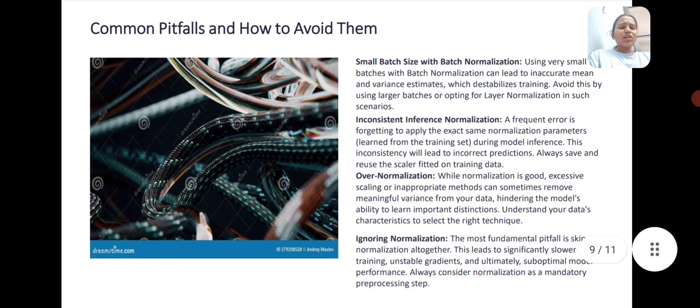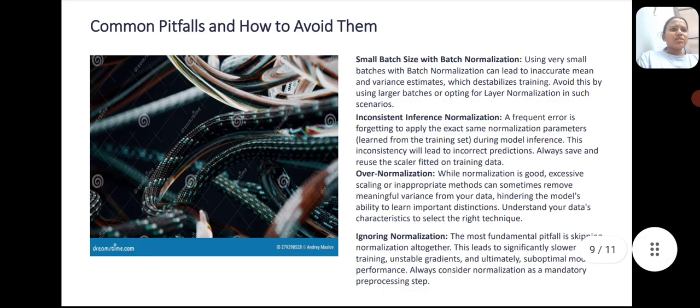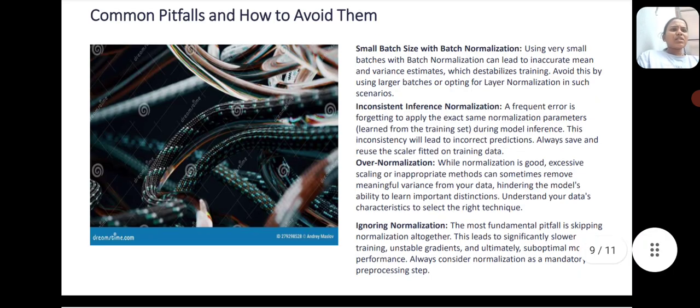Next, common pitfalls and how to avoid them. Small batch size with batch normalization. Using very small batches with batch normalization can lead to inaccurate mean and variance estimates, which destabilizes training.